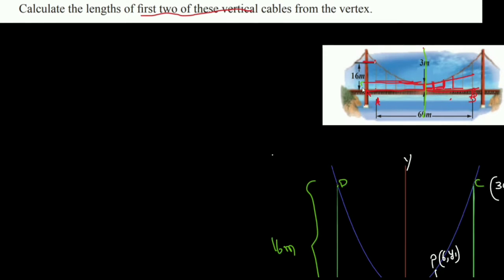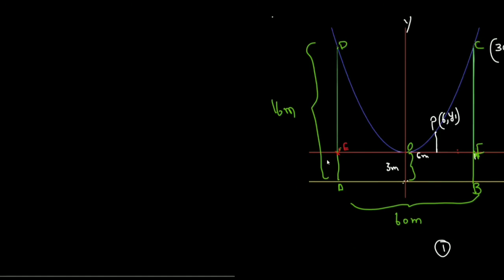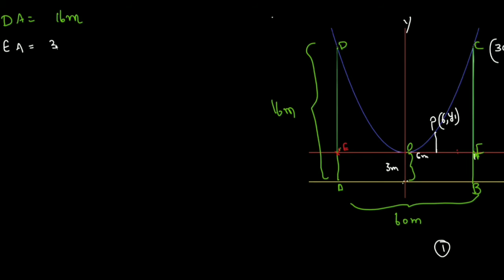So this is 3, this is 3. From the road bed, this distance is 3 meters. So DA is 16 meters, and EA is 3 meters. So you know that the length of DE will be 13 meters, isn't it?